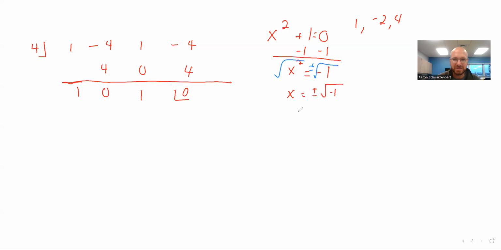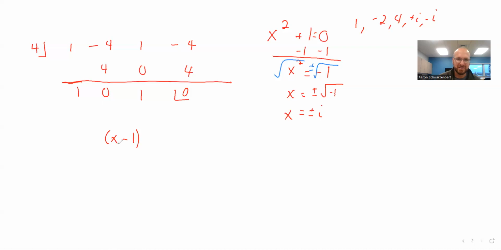And the square root of -1 is i. So when I write this as linear factors, here I've got my list, plus i, minus i. It's a fifth degree, there should be 5 factors.